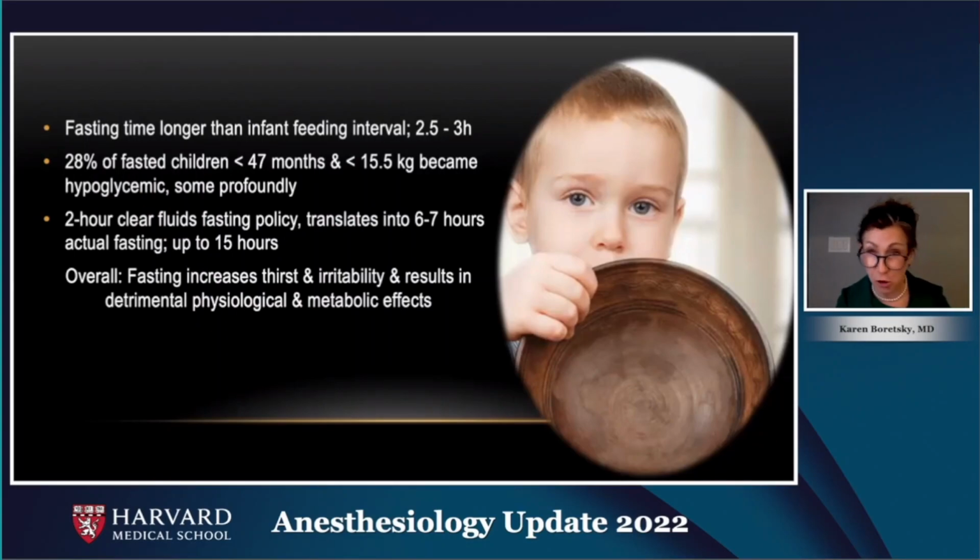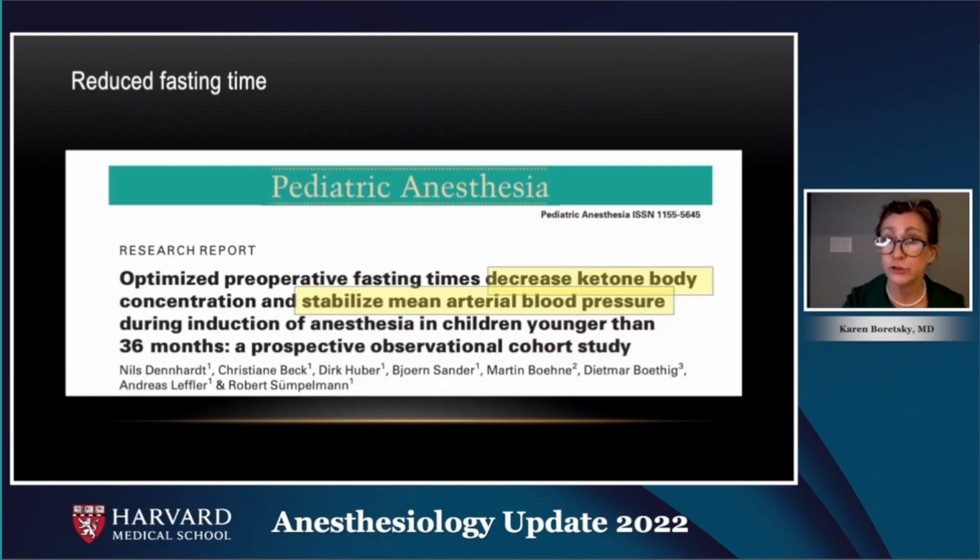Overall, we know that fasting increases thirst and irritability in both children and adults, and more importantly, results in detrimental physiologic and metabolic effects, such as ketone bodies and hypovolemia with decreased mean arterial pressure.